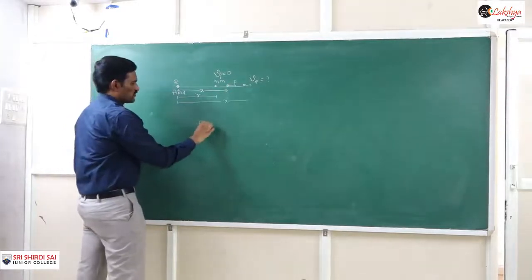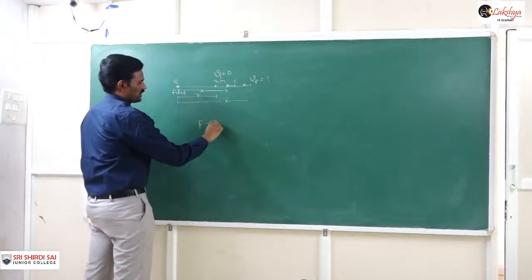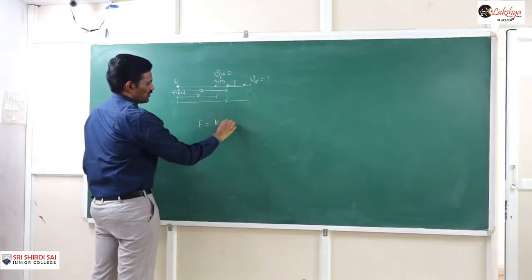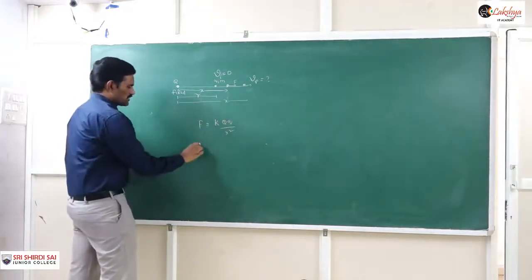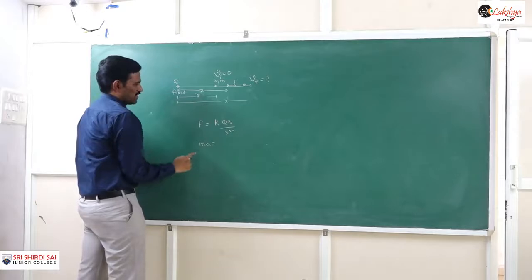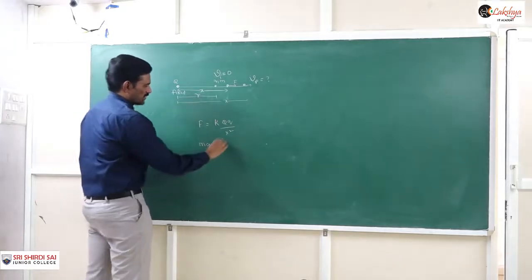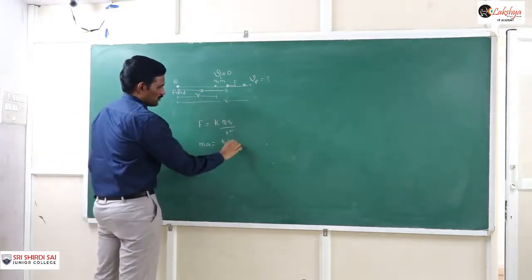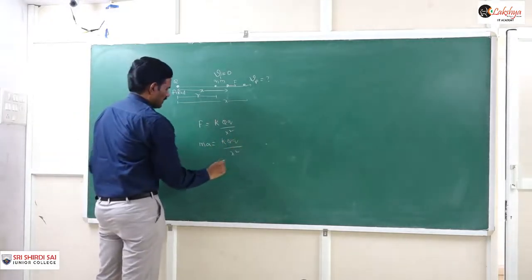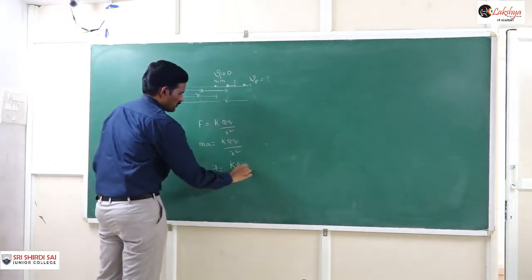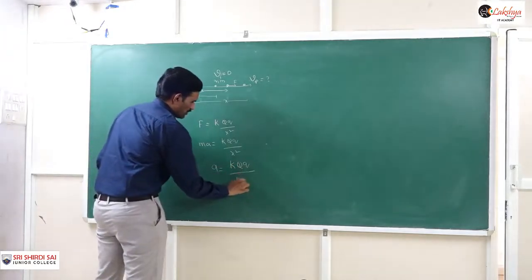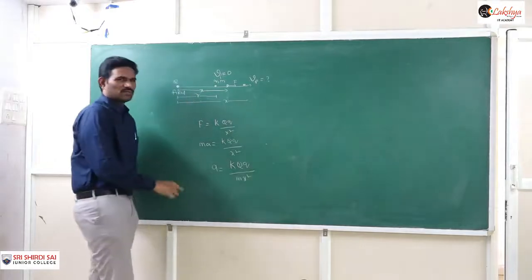That repulsive force we can write as K into capital Q into small q by x square. And this force we can write as ma, where a is the acceleration of this particle. Therefore the acceleration of the particle is K into Q into q by m into x square.